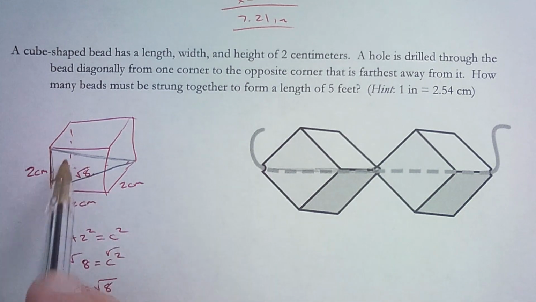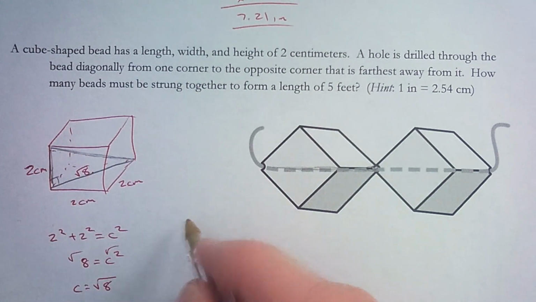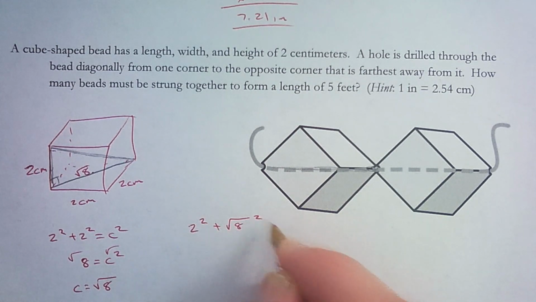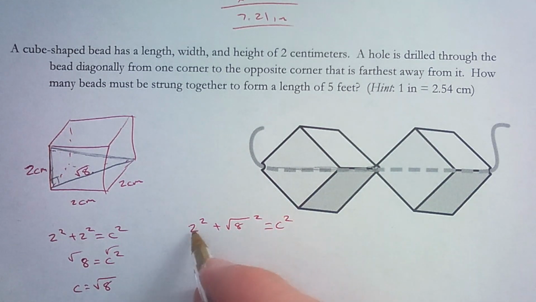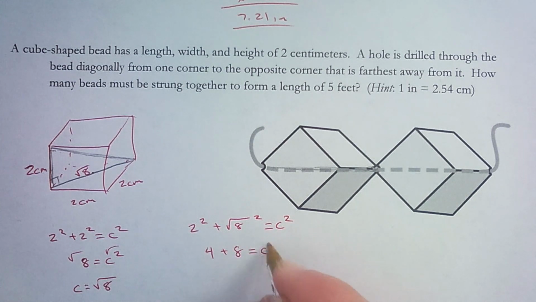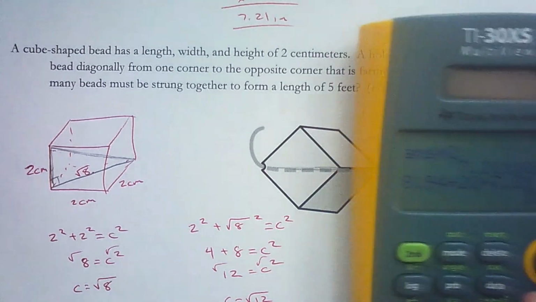Okay, so I can now find this length right here with the Pythagorean theorem. 2 squared plus the square root of 8 squared equals c squared. 2 squared is 4. The square root of 8 squared is 8. Put those together, and I get 12. And then c is the square root of 12, and this is when it would be appropriate to get an approximate answer.